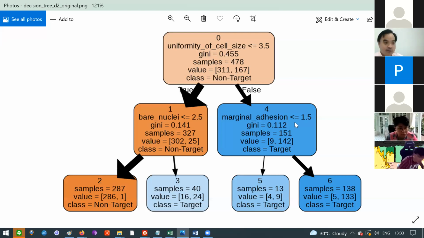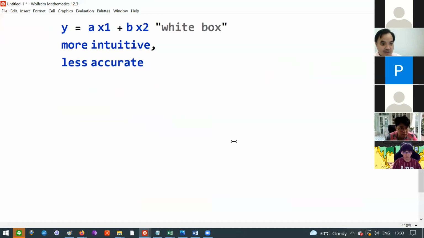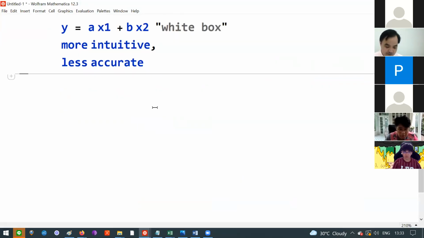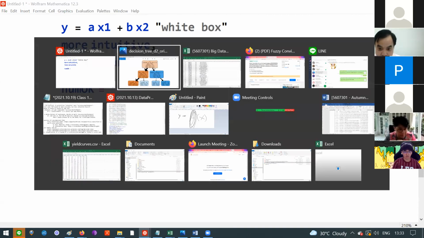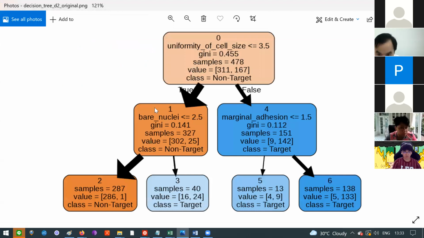We can actually do that right now. Let's look at this number, 9 and 142. So the number of OK is equal to 9, and the number of cancer is equal to 142.